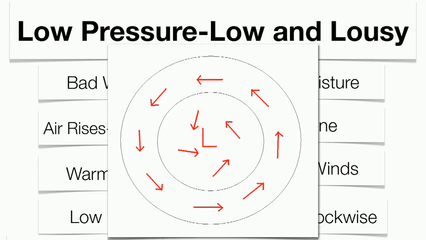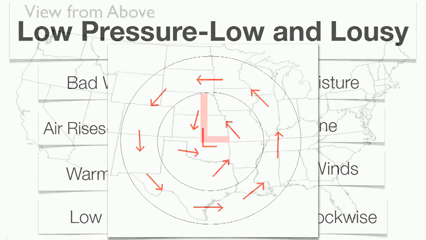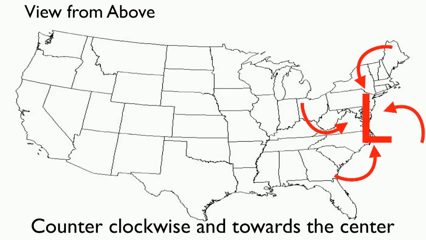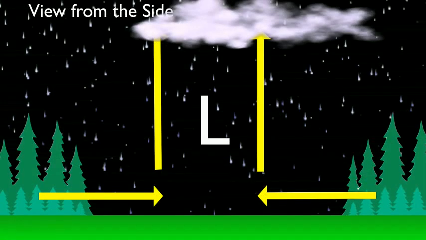There's your counterclockwise and inward rotation of your winds. West to east, the low pressure is going to move, and you'll see the inward and counterclockwise rotation with your winds. Your winds are going to converge at the surface and cause the air to rise upward.